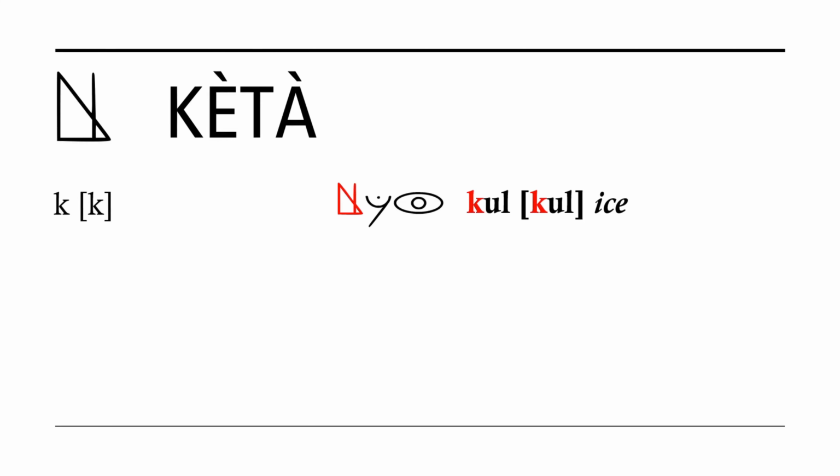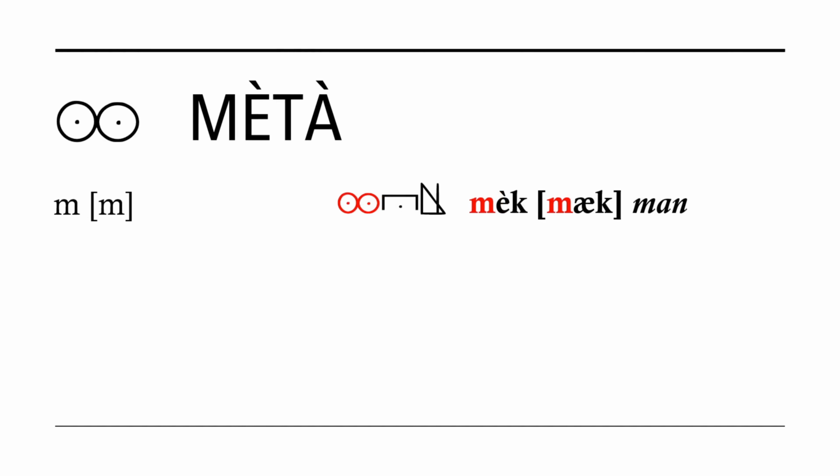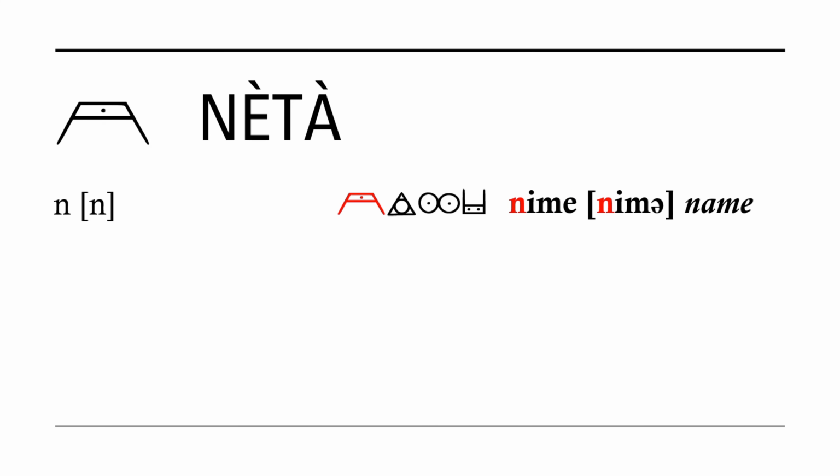Then Keta is pronounced K, as in cool. Leta is pronounced L, as in lieve. Meta is pronounced M, as in mek. Neta is pronounced N, as in Nim.